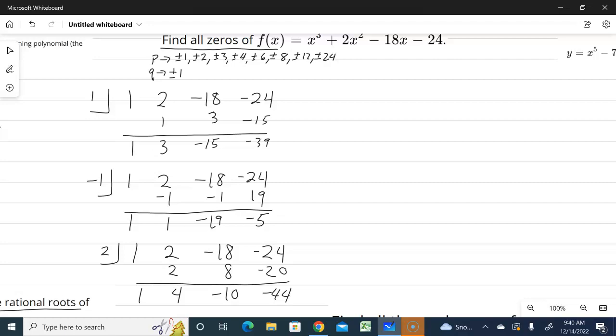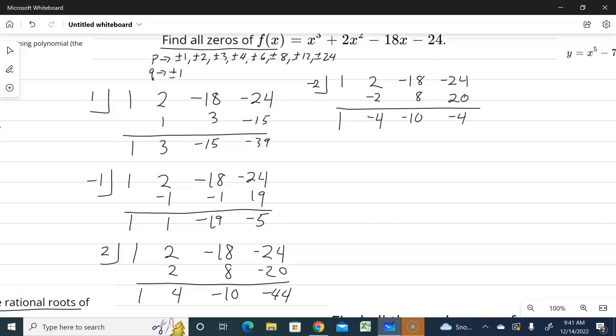Now look at, I'm just going right down my list here. Negative 2 is my next number that I'm going to try. 1, 2, negative 18, negative 24. Drop the first number, multiply, add, that's negative 4, multiply, that gives me 8, that gives me negative 10, multiply, gives me 20, gives me negative 4, that didn't work.